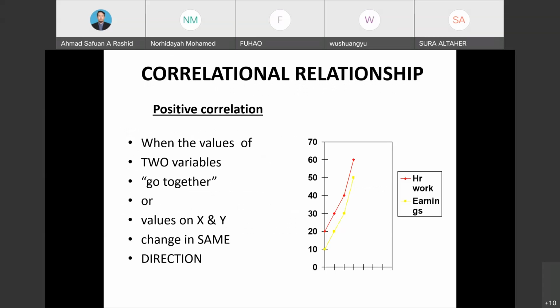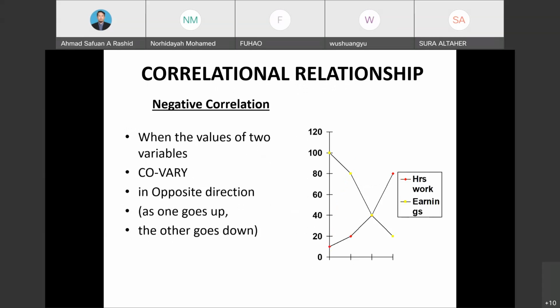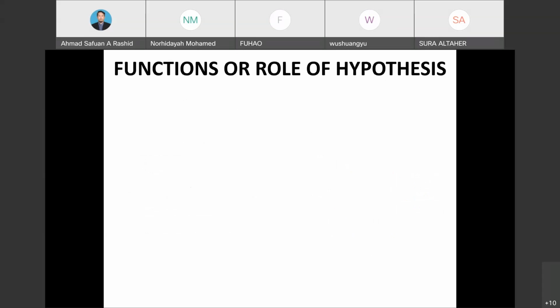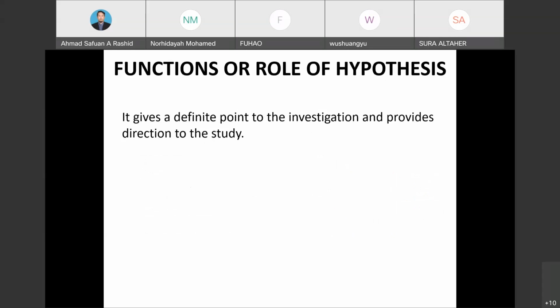Okay, so this is an example of positive correlation. Okay, negative correlation. A function or rule or hypothesis gives a definite point to the investigation and provides direction to the study. It determines the data needs.